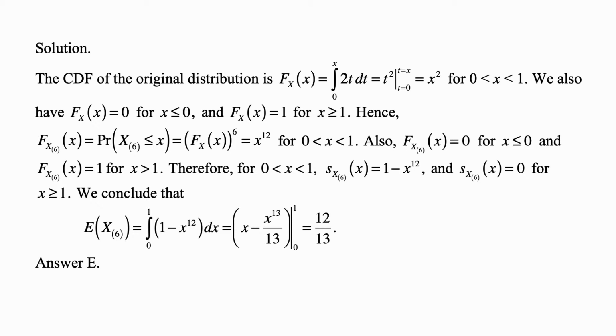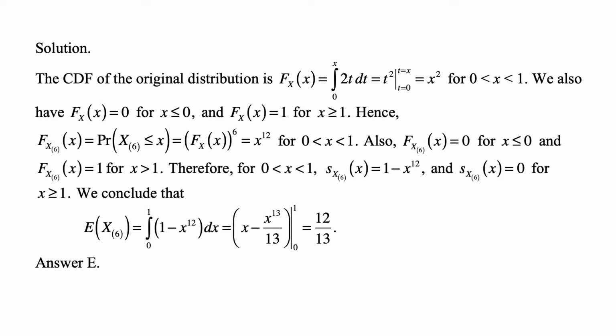And therefore F sub X6 of x, which is the probability that the 6th order statistic is less than or equal to x, is equal to the probability that every single one of the 6 pieces of the random sample is less than or equal to x.